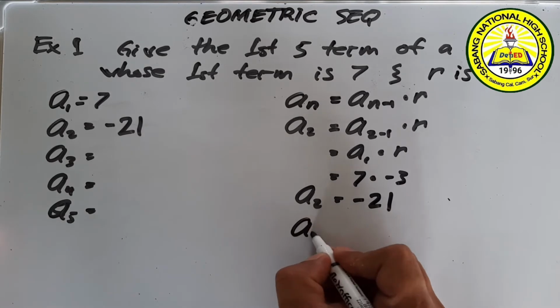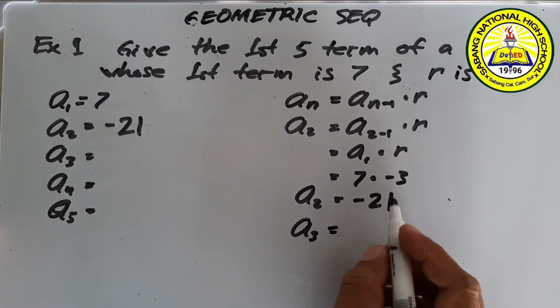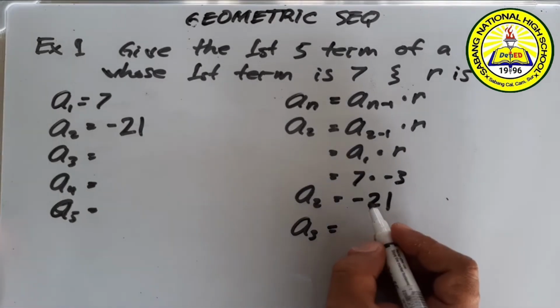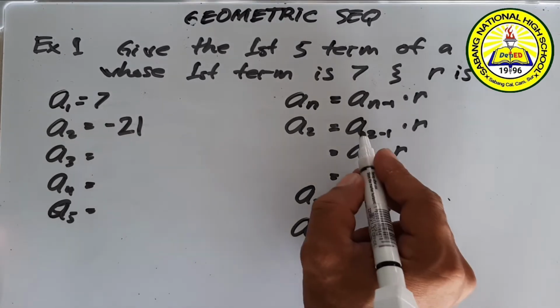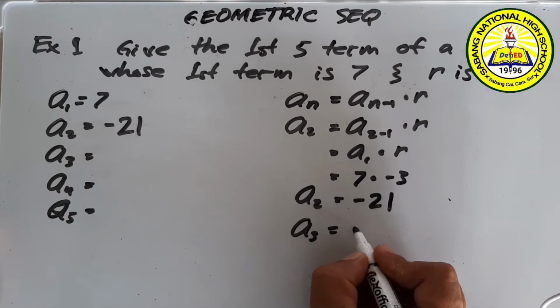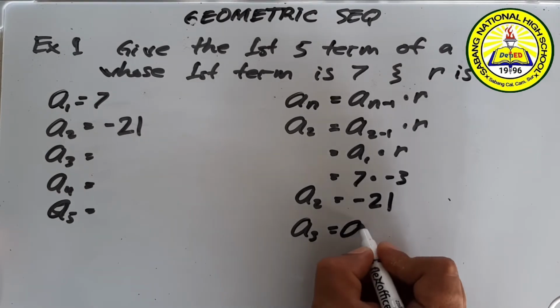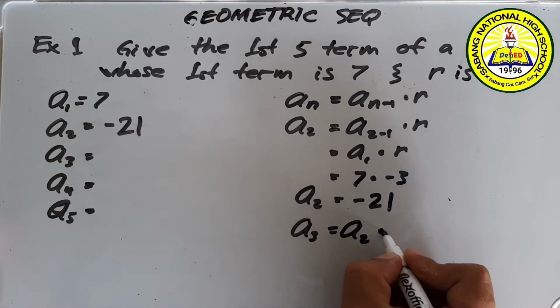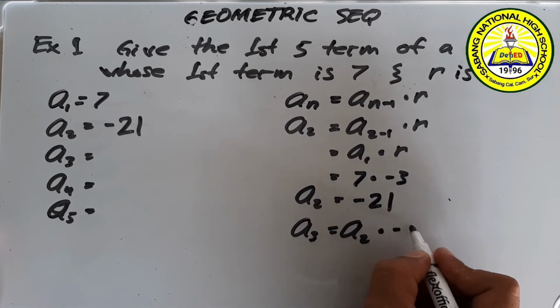Let us take a sub 3. So we have a sub 3, to make everything shorter for our solution. We now have here n minus 1, we have 3 minus 1. That is a sub 2 times the common ratio, negative 3.